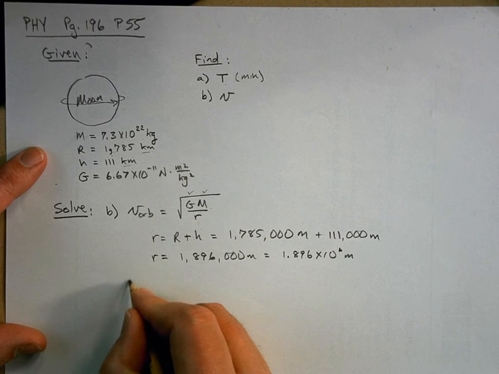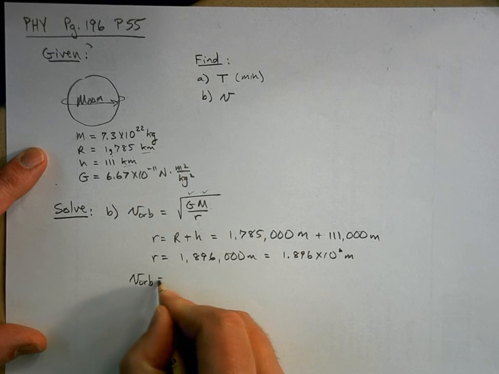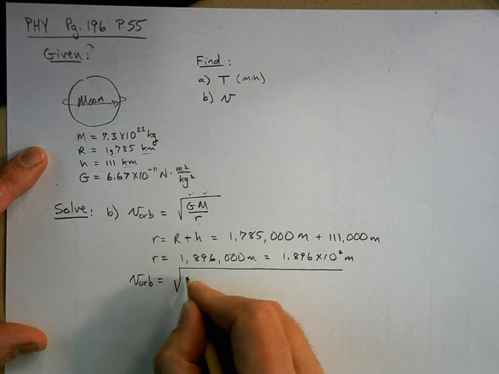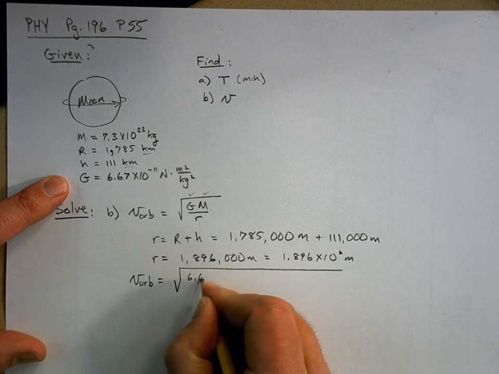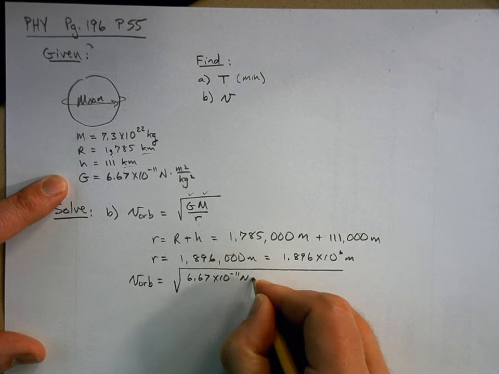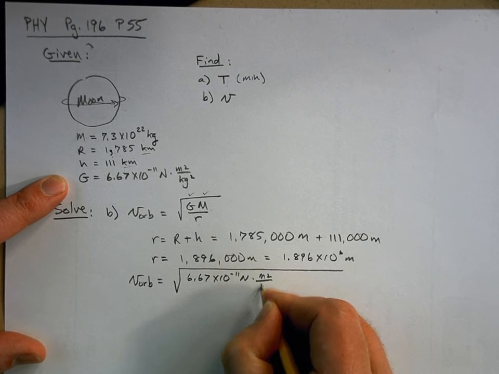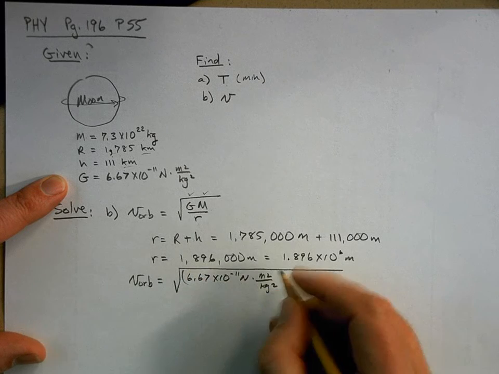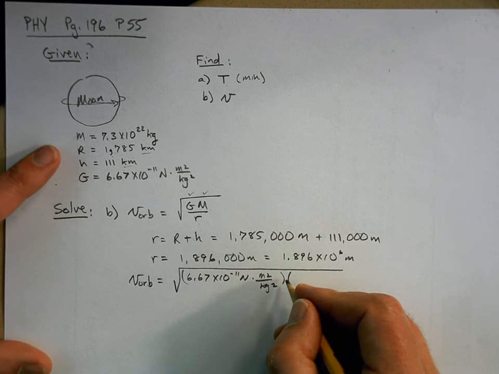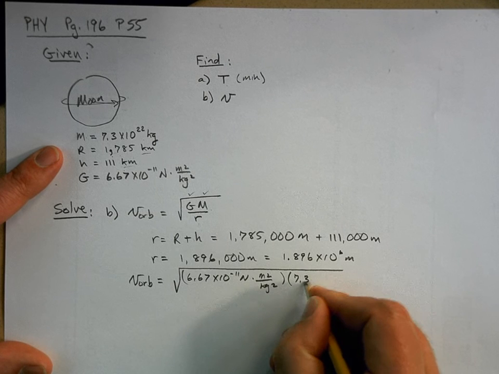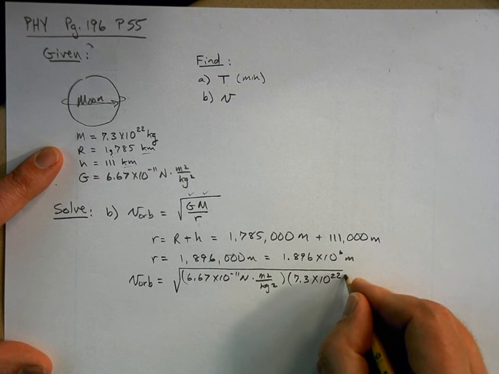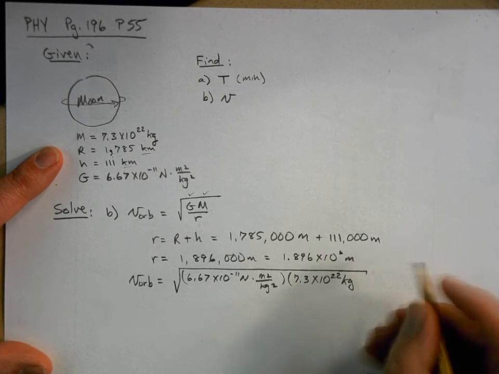And so now we can figure out what the orbital velocity is. This is 6.67 times 10 to the negative 11 newton meters squared per kilogram squared. And this is the mass of the moon, given to be 7.3 times 10 to the 22 kilograms.